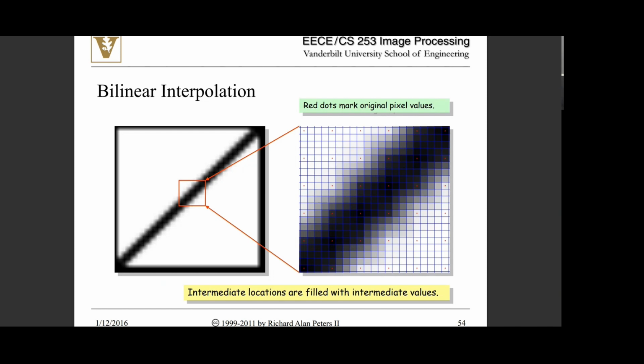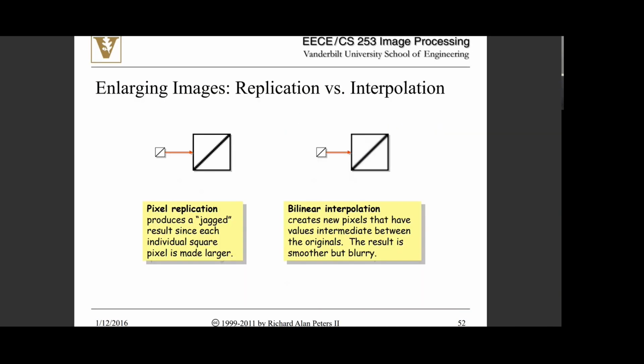Here you have stairs, while here you don't. You have a blurred image, and it makes sense because we don't have enough information. We are going from something small to something big, and we don't have the information in between, so we have to invent it. So it is normal that we have blurred borders, but otherwise we can go smoothly rather than with a step.